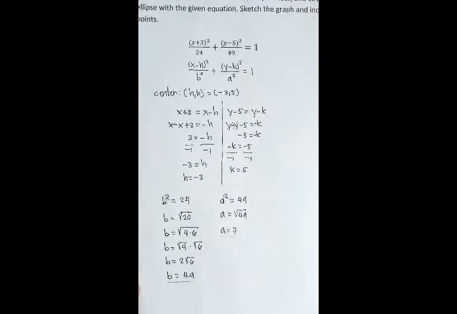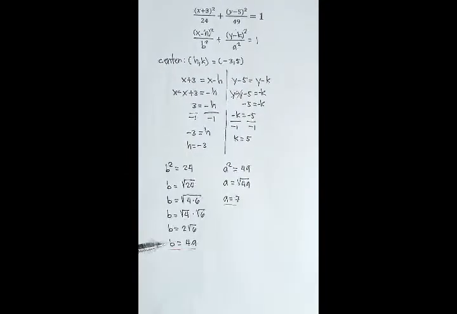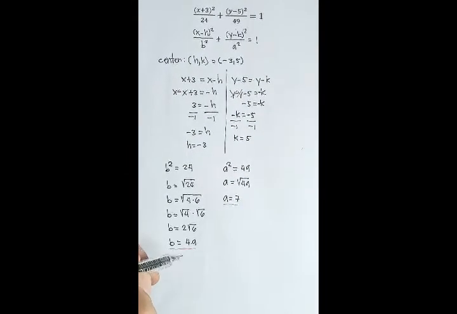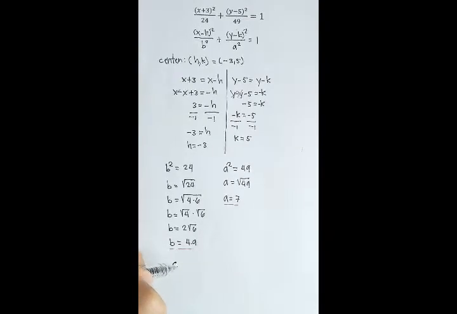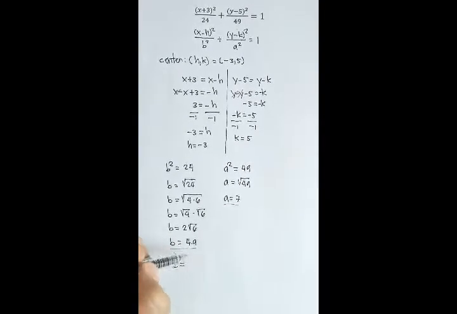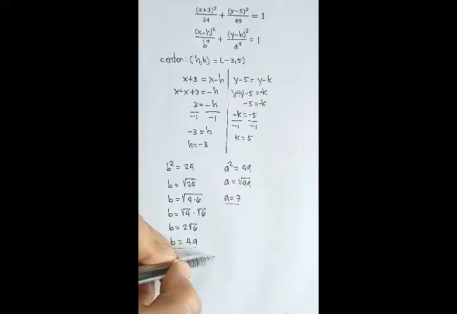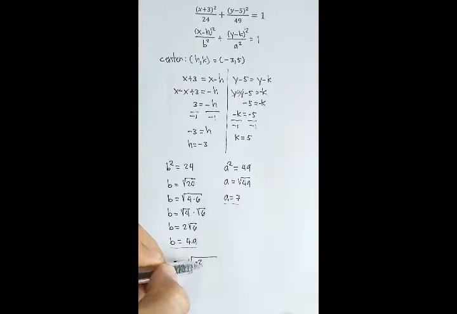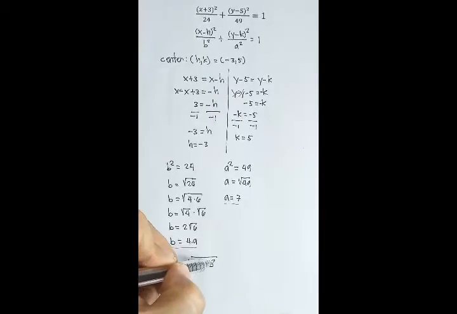Then, solving for c. Our formula for c is equal to the square root of a squared minus b squared.